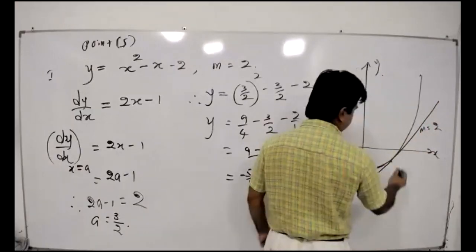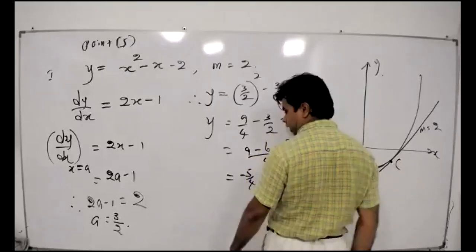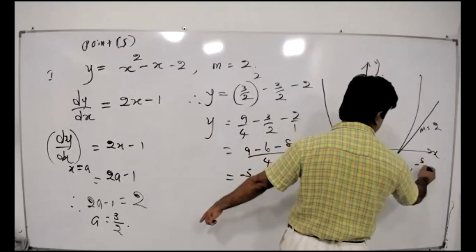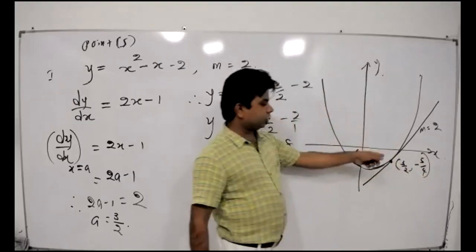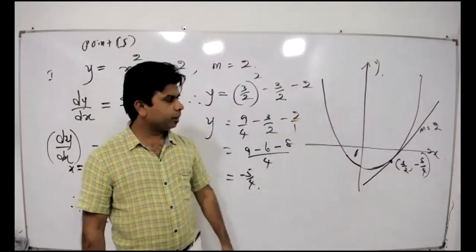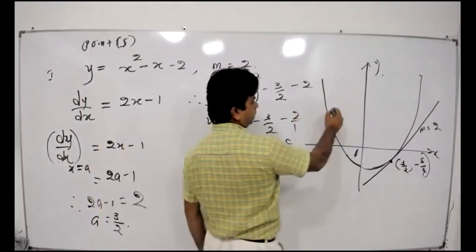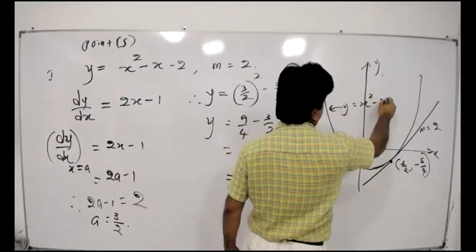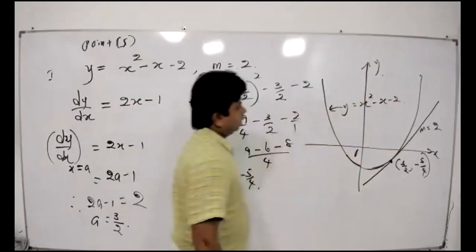This particular point is 3 over 2, comma, minus 5 over 4. X positive, y negative means it is in the fourth quadrant. This is the curve of y equals x squared minus x minus 2.